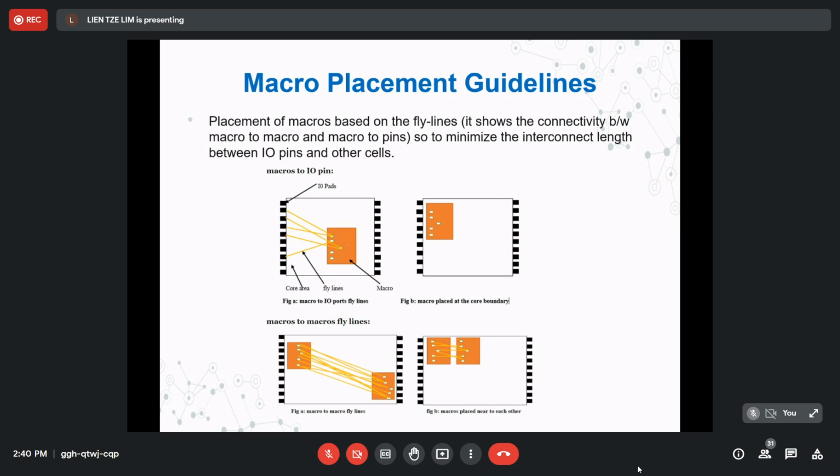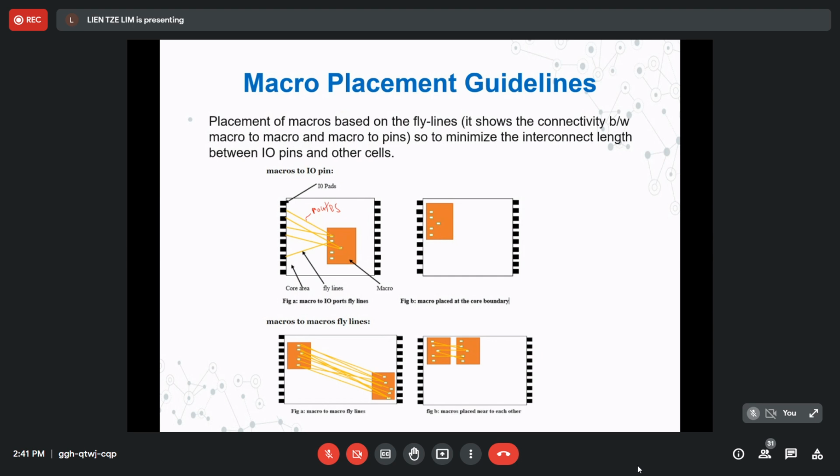Since there is only one macro here, and in between there are the routes. We call them routes for routing. They are connected using the routes.